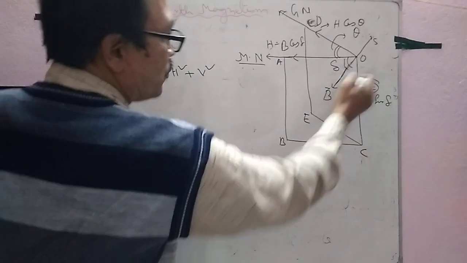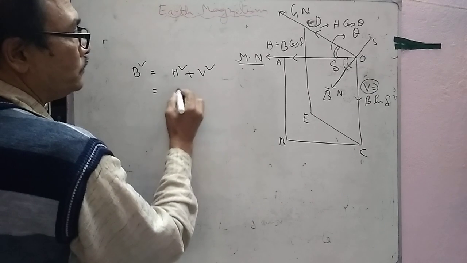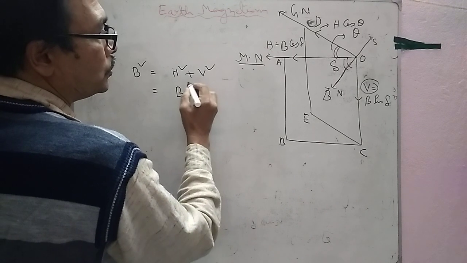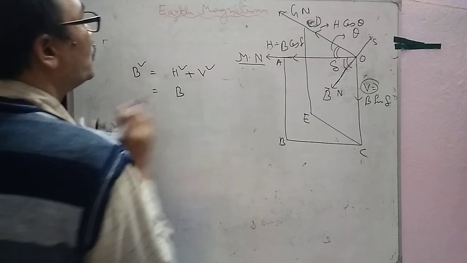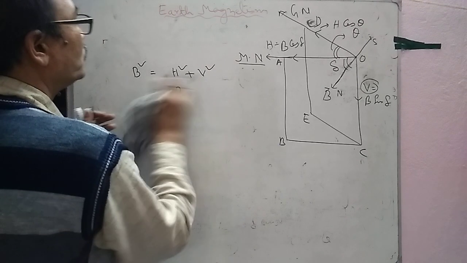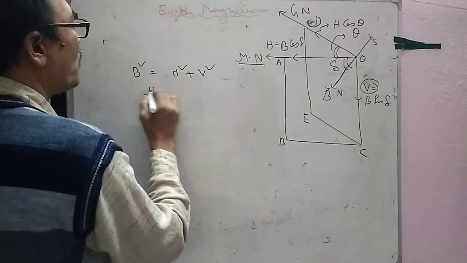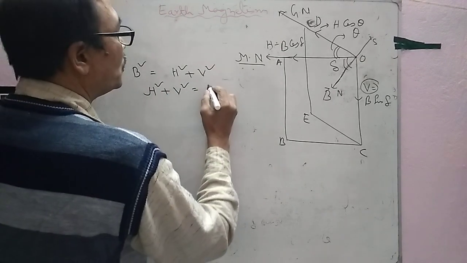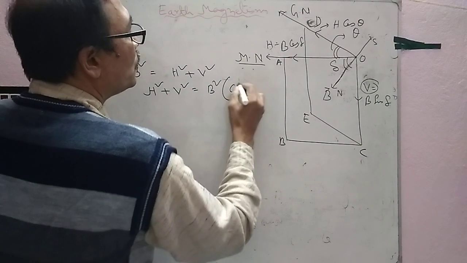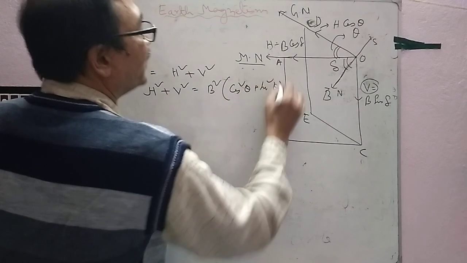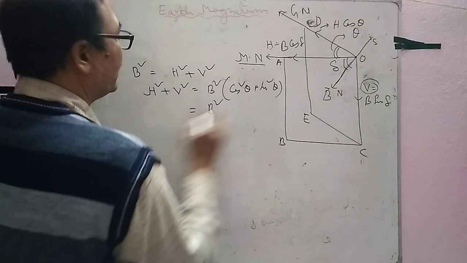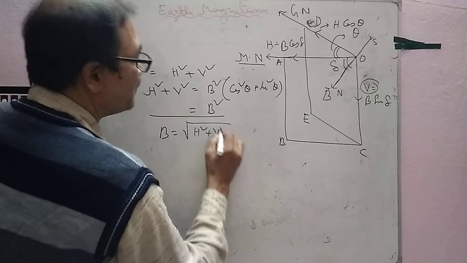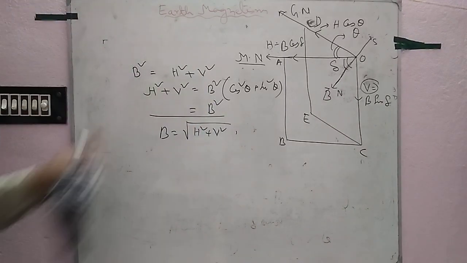This is the B square equal to... so H square plus V square equal to B square cos square theta plus sin square theta, that is B square. So B equal to root over H square plus V square. In 2 ways we can prove it.